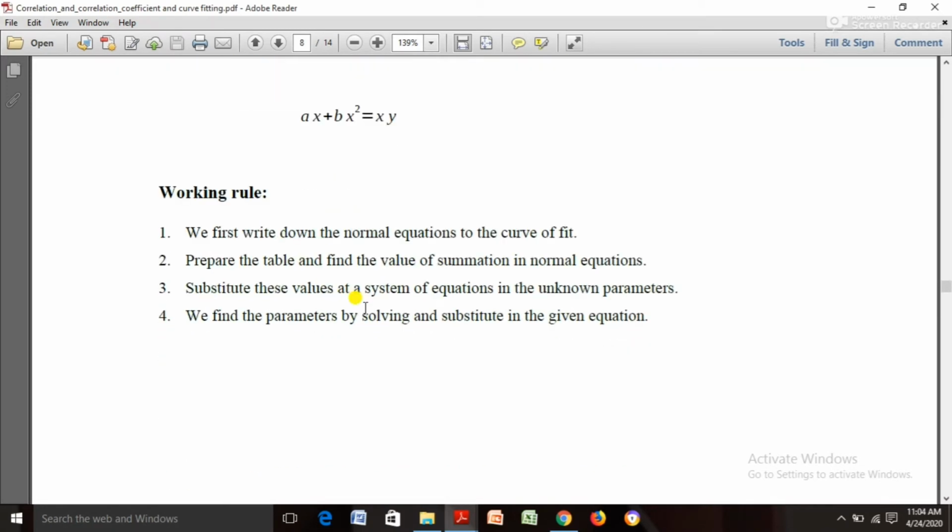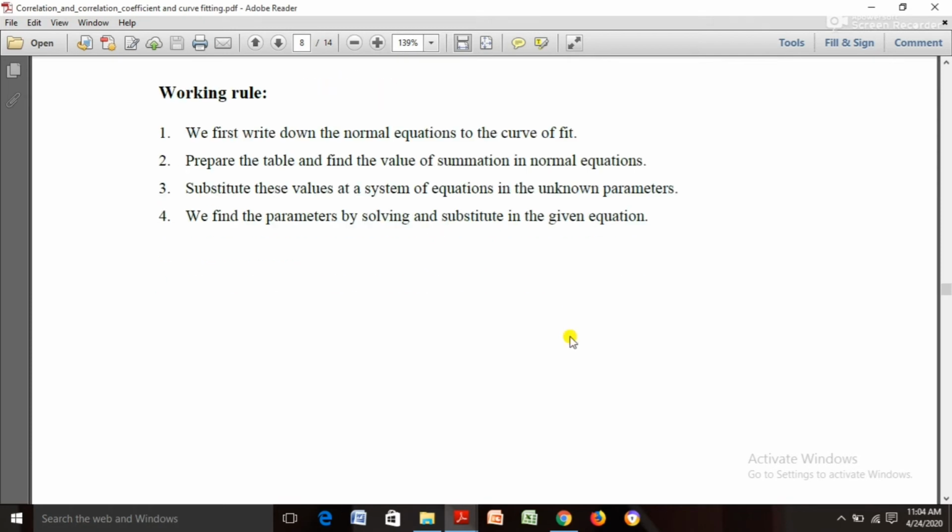So remember these two forms. Then the working rule is: we first write down the normal equations for the curve of fit, prepare the table and find the summations in the normal equations, substitute these values to get a system of equations in the unknown parameters. We find the parameters by solving, substitute in the given equation, and simplify.